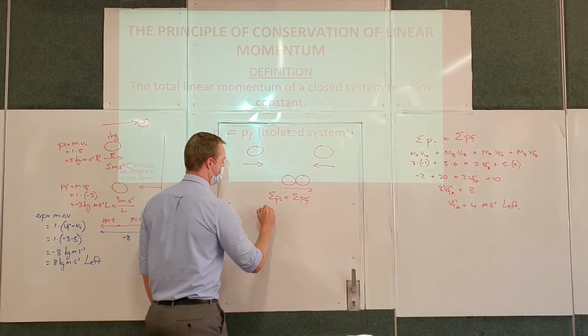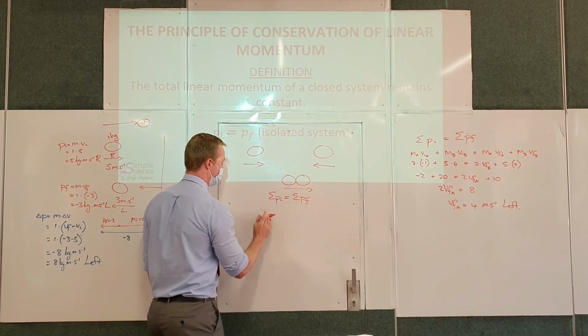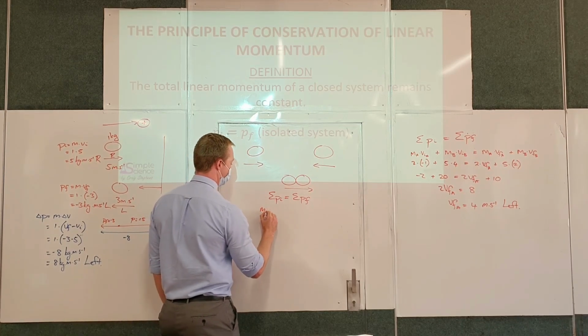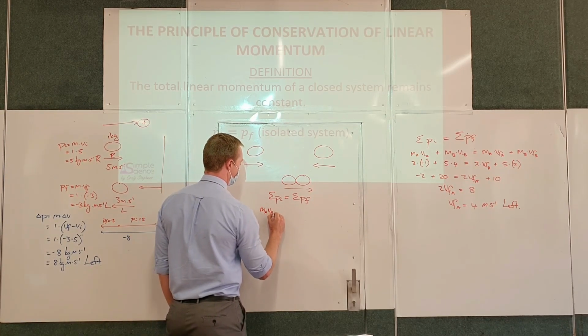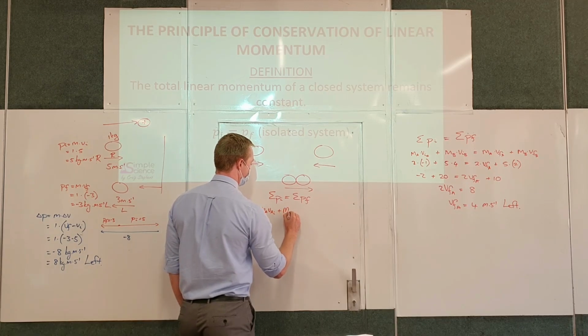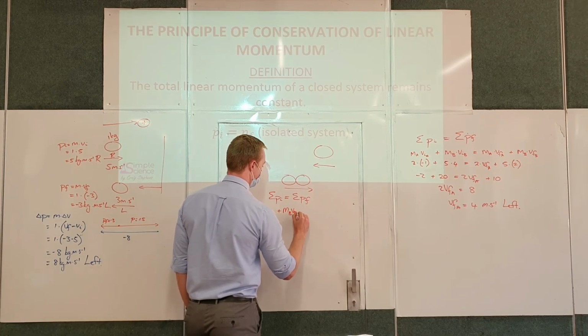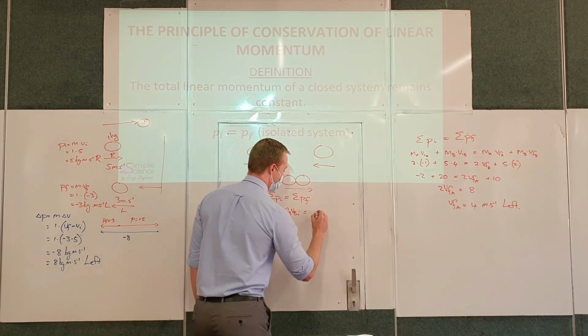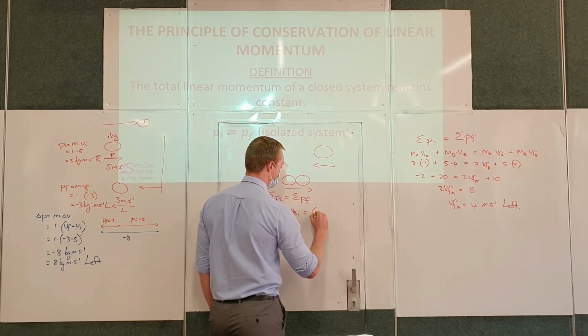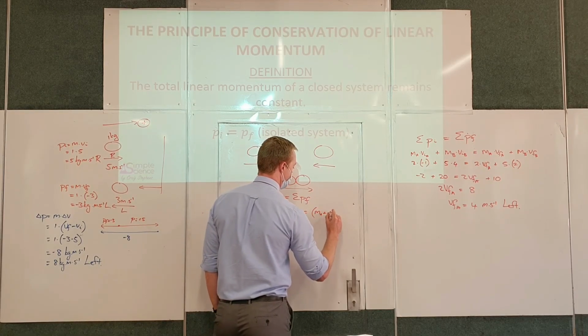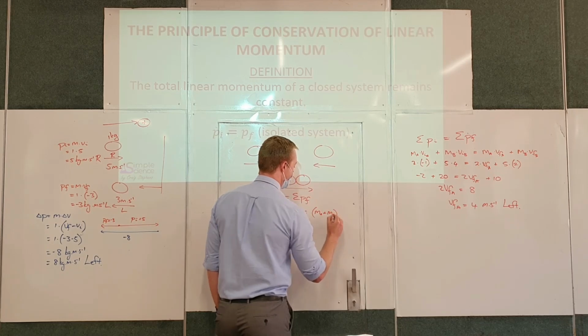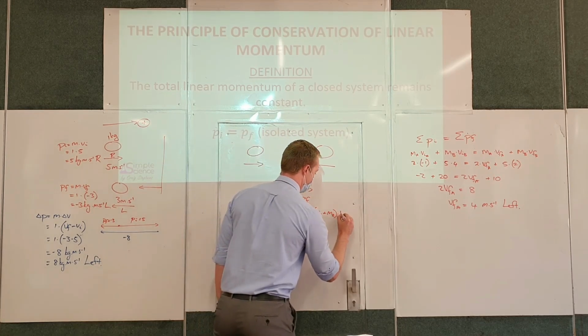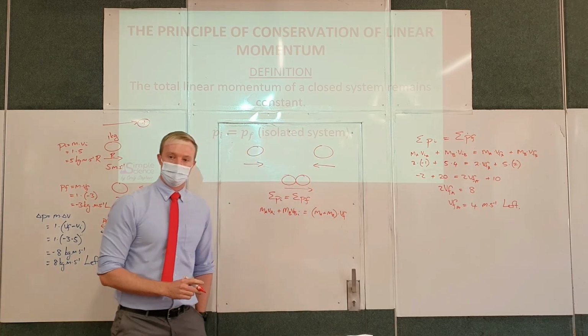The difference now is that we have initially the mass of object A multiplied by the initial velocity of object A plus the mass of object B multiplied by the initial velocity of object B, and then because these objects are combined, we can combine their masses, mass of A and mass of B, and therefore they will have the same final velocity.